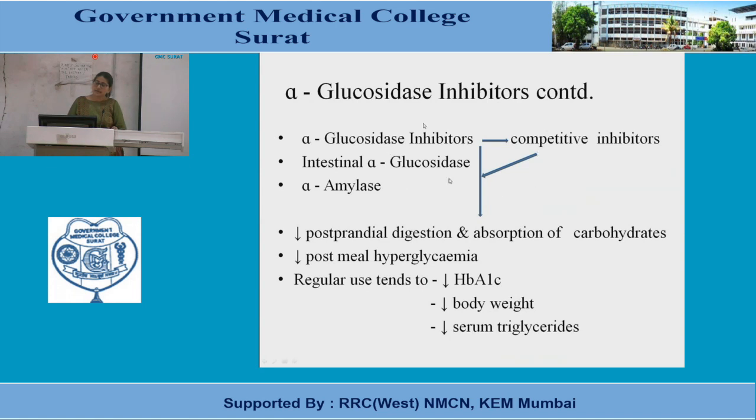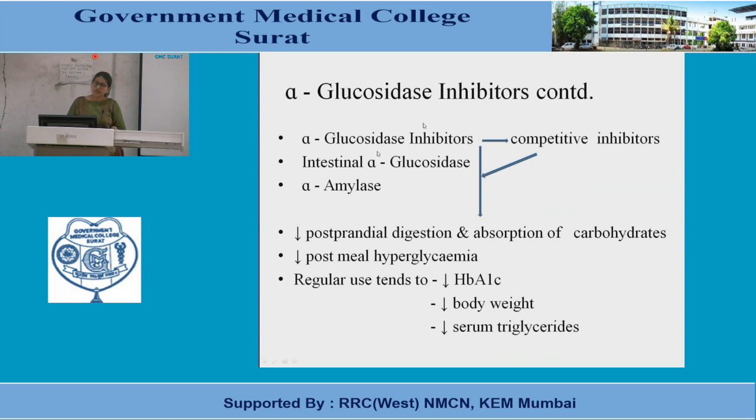They are competitive inhibitors of the intestinal alpha glucosidase and the pancreatic amylase, because these two enzymes help in the conversion of complex starch to oligosaccharides, and then to the monosaccharides, which get absorbed.